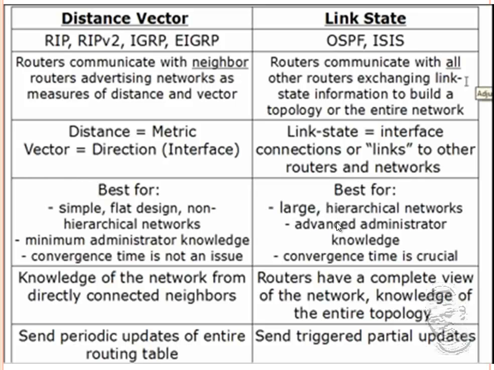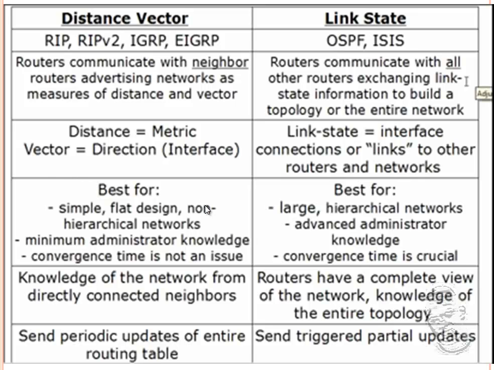Hence the reason why convergence time is crucial when it comes to larger networks that are hierarchical in nature. Whereas for distance vector, non-hierarchical networks like hub and spoke networks, convergence time is really not an issue because they get the information from neighboring routers.